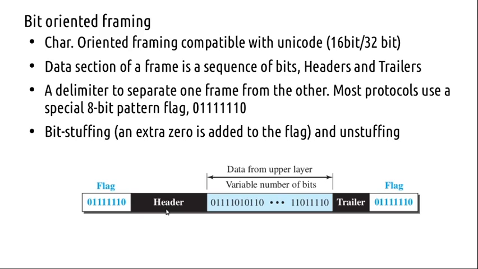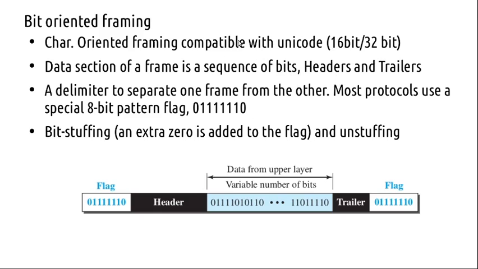Okay. Then again, bit oriented framing is there. In bit oriented framing, you have bits, and you have delimiters in the form of specific sequences to indicate that this is a frame. So we are moving towards bit oriented framing. The most popular ones are bit oriented framings because you use Unicode nowadays.